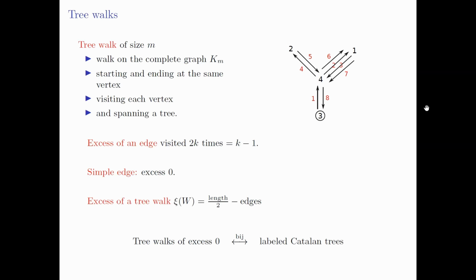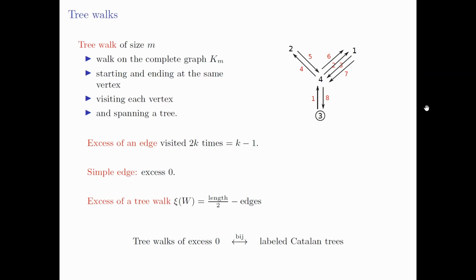So, for example, if you look at tree walks of excess 0, that's just a walk that we just walk on. Our trees are labeled, rooted, but they are not embedded in the plane, right? At first. But when we walk on them, the order in which we visit the vertices, the children, orders them.